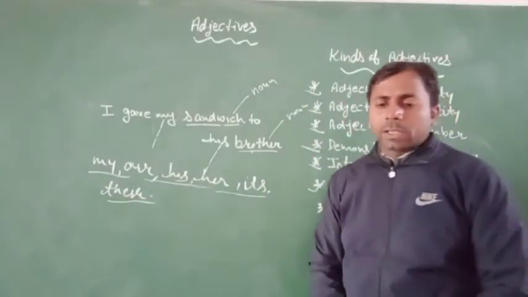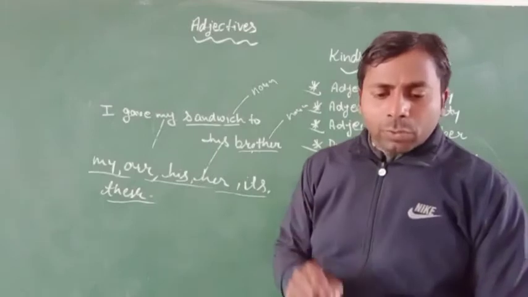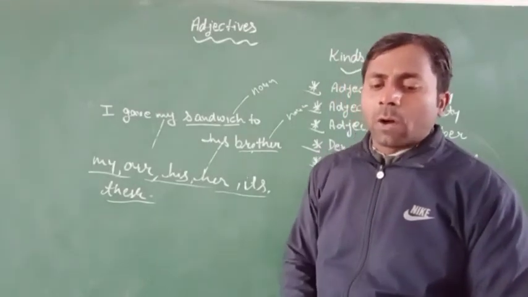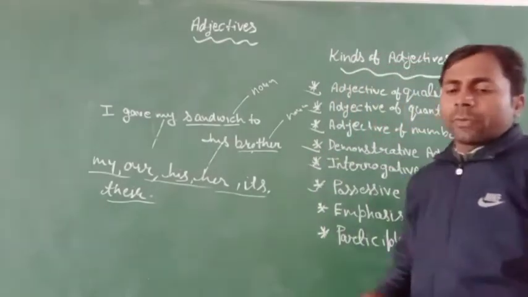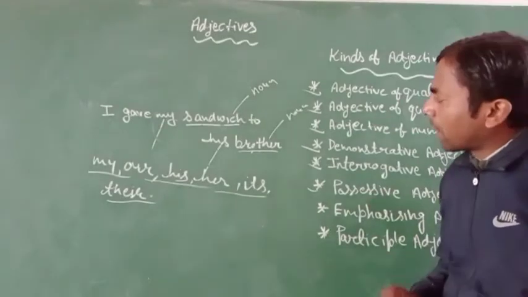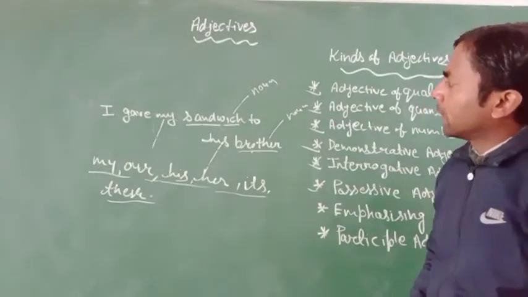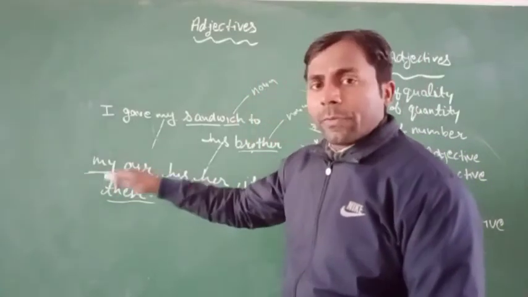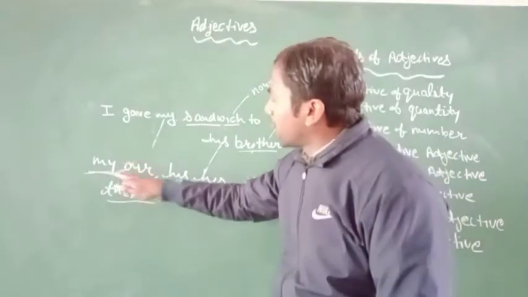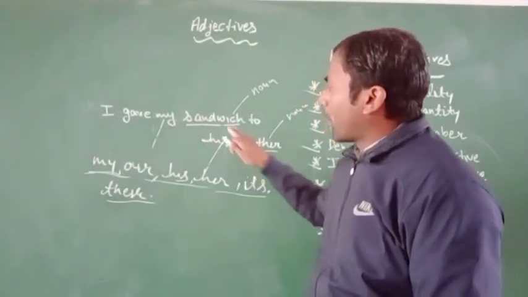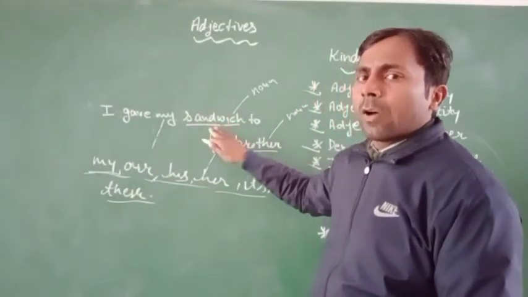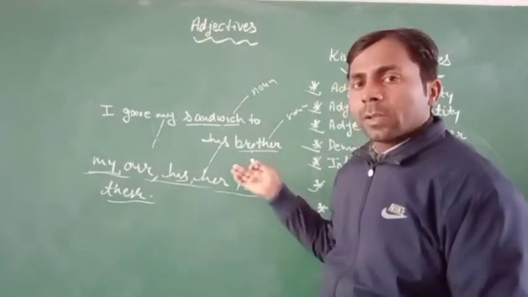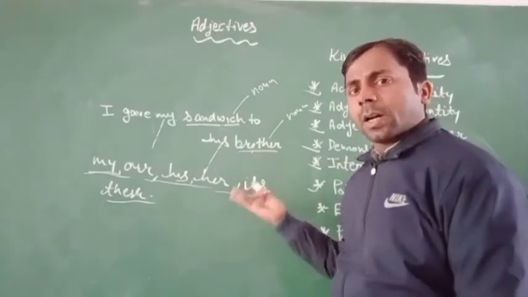These words can be used before singular and plural nouns, regardless of whether they are countable or uncountable. So this type of word is an adjective when it is used before the noun or pronoun, and that noun or pronoun can be countable or uncountable.